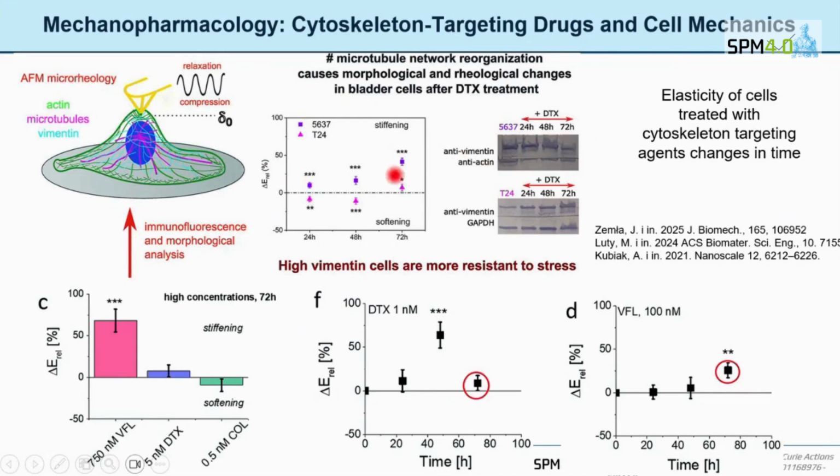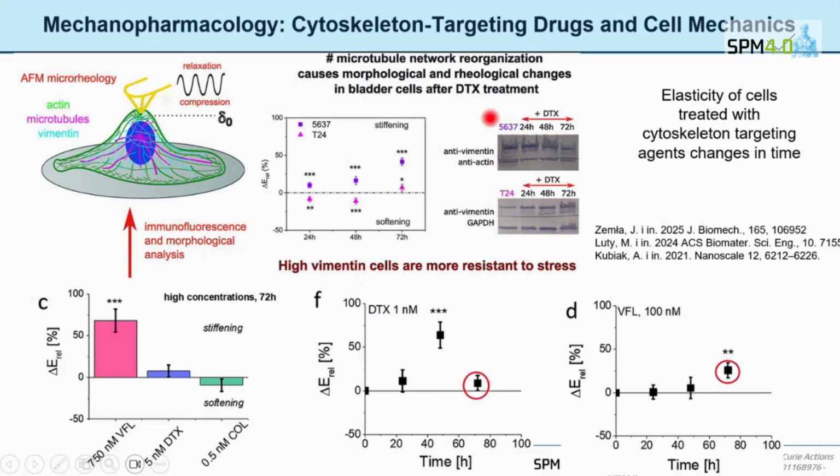So the low-grade cells show an increase in the apparent Young's modulus, while T24 cells soften, and then there is just a slight change towards increased elastic modulus, and we were wondering why that happens.